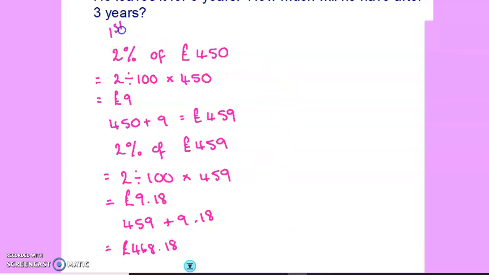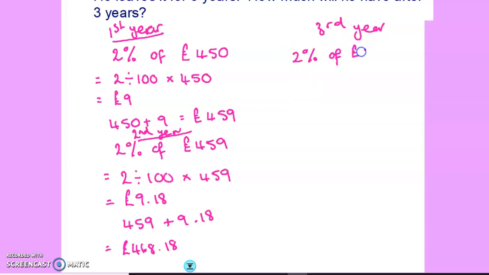So that was the second year. Third year. This time we have £468.18. We need 2% of that.